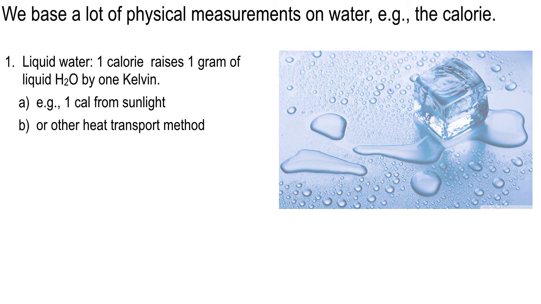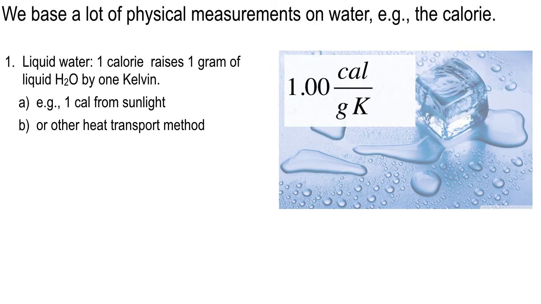And one way to write that is this way, that for liquid water, it takes 1.00 calorie per gram per Kelvin to raise the temperature. So this is going gram for gram and Kelvin for Kelvin, right? If you want to raise it up a few more kelvins, that's all right. You just got to go at this particular rate. You've got to have so many calories. And if you do, you'll be able to raise the temperature to where you want it.